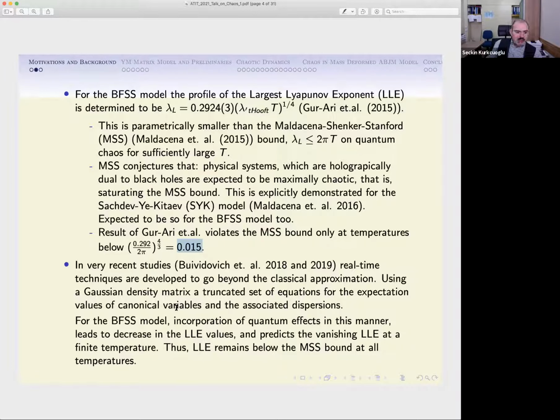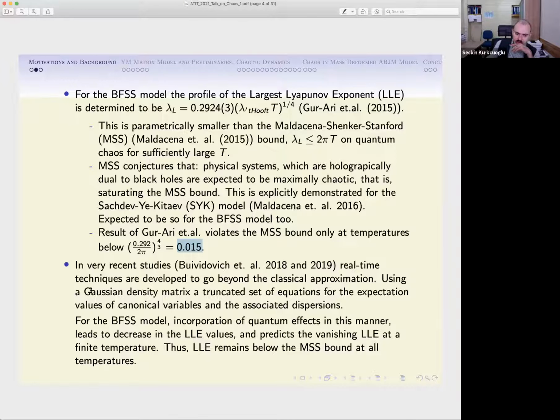0.015. And I will also comment on this last point later on in conclusions, but there are some recent studies by Buividovich et al. using real-time techniques, not Euclidean time techniques, to go beyond the classical approximation using some Gaussian density matrix approach. And this pays off. So they can take some quantum corrections into account in a very nice manner using a Gaussian density matrix.